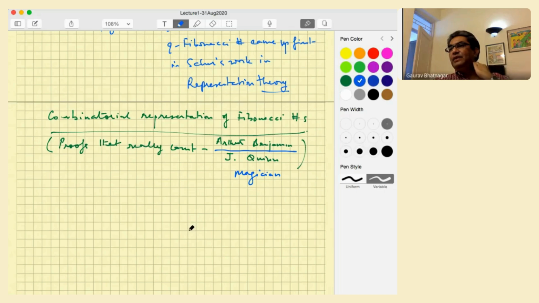He quite obliges many times. He's a professional magician. In fact, a lot of combinatorial people are attracted towards magic and things like that.